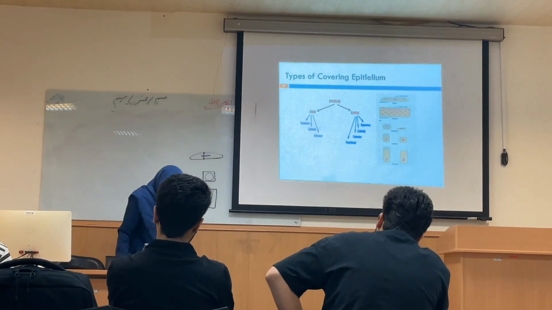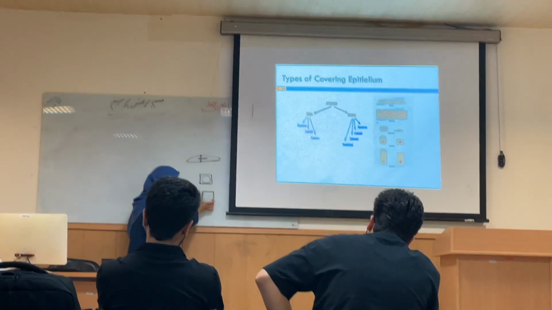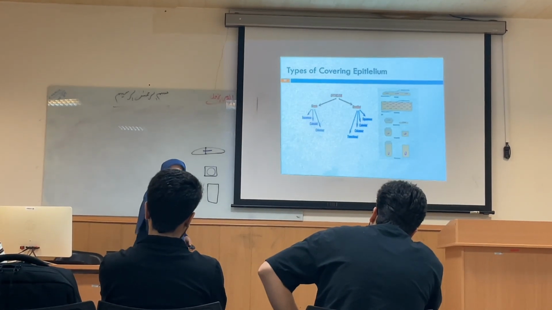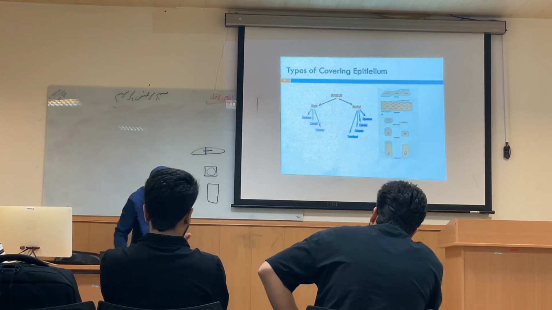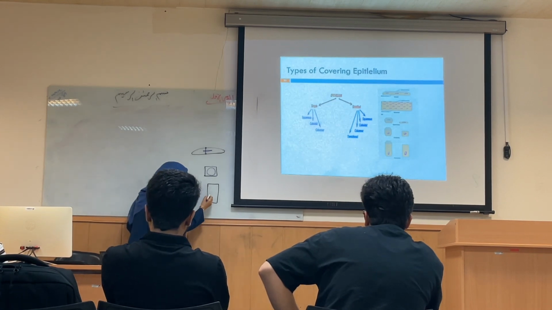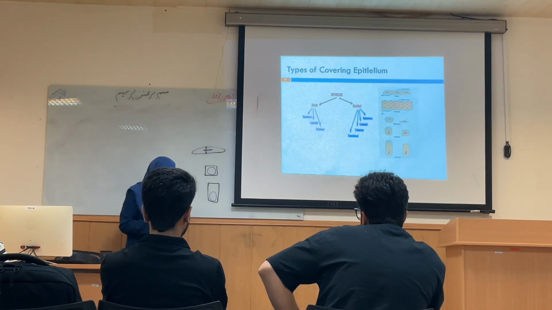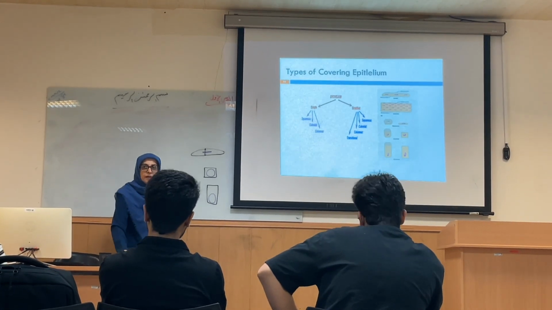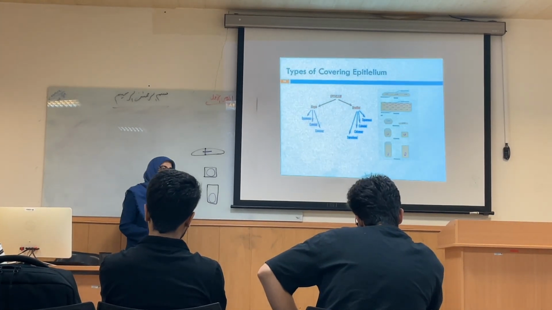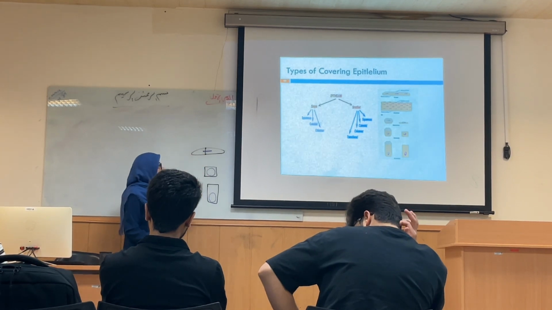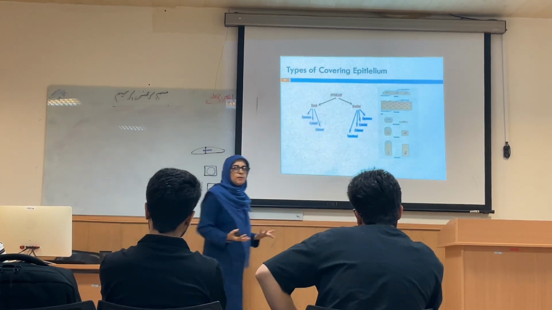The height of the cells is more than its width, as this, cuboidal, or maybe no, they are round, as a columnar shape, yes? The nucleus has an oval shape. Yes? The shape of the nucleus is important because we can see the nucleus better under microscope.